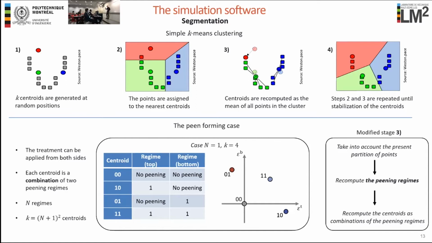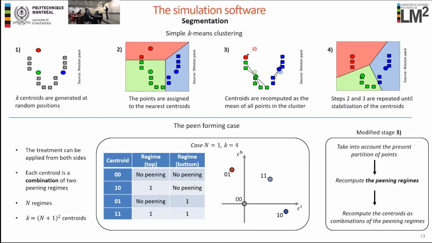So we have only two layers, and they are influenced by both eigenstrains. So each centroid is a superposition of two peening regimes. For example, if we have n peening regimes, it means that we have (n+1)² centroids. Why +1? Because the absence of treatment, no peening, is essentially treated as an additional peening regime.